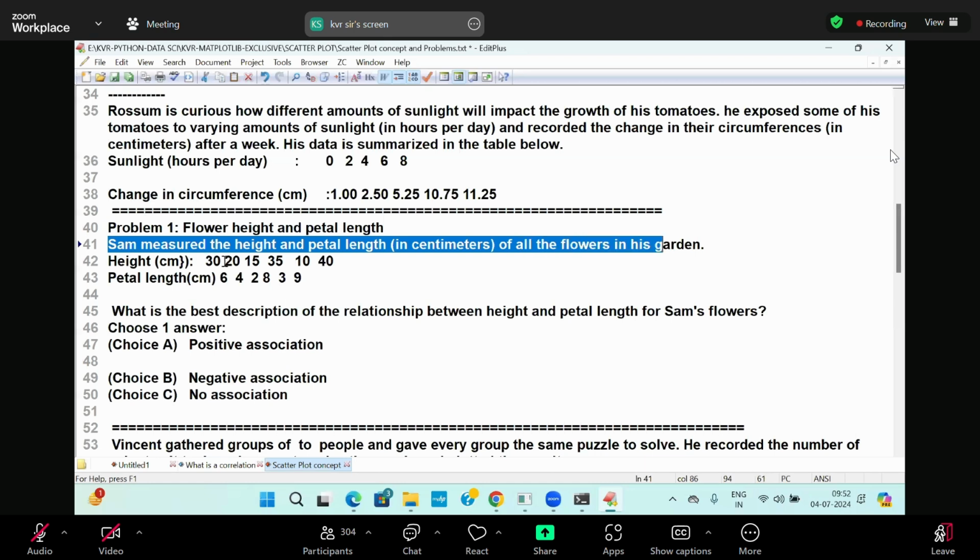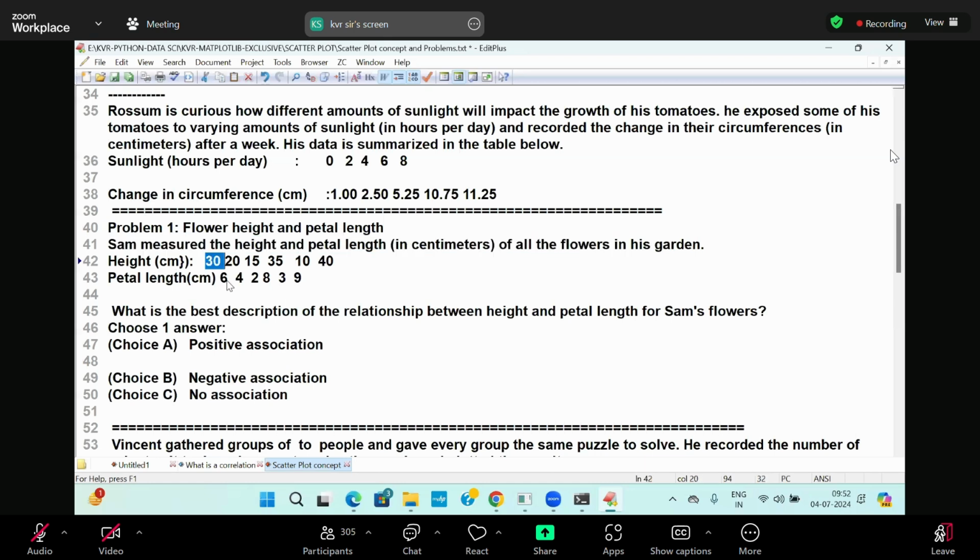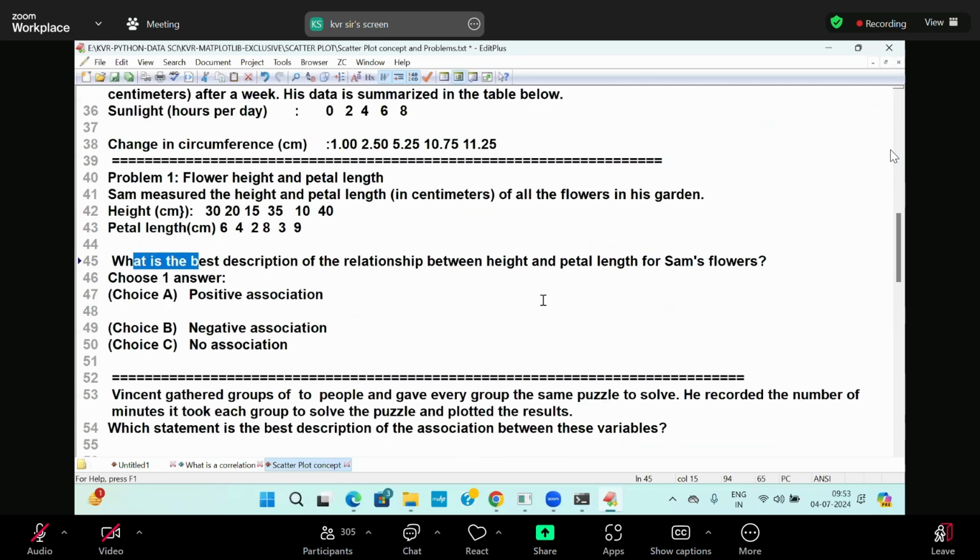Height 30, petal length 6; 20, 4; 35, 8; 10, 3; and 40, 9. So by seeing this kind of thing diagrammatically, they are asking what is the best description of the relation between height and petal length in sunflowers.